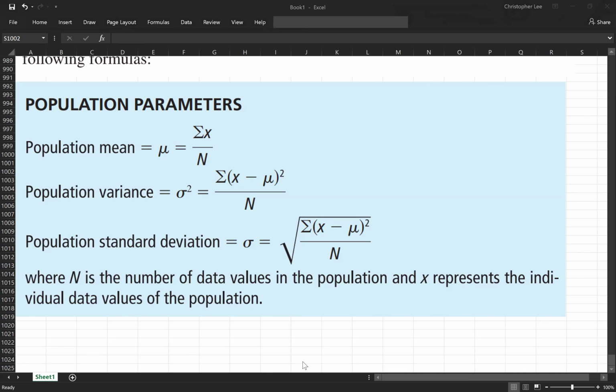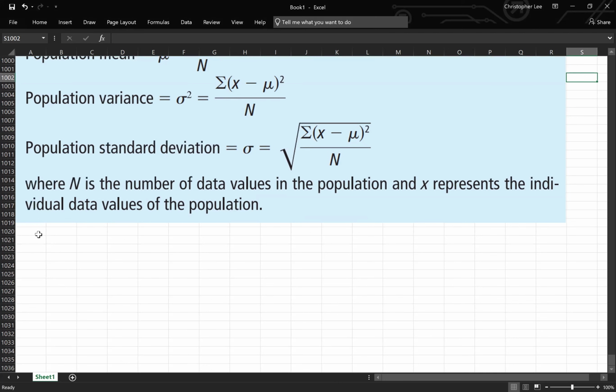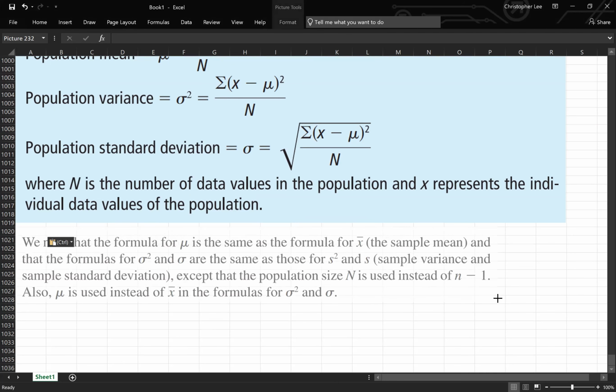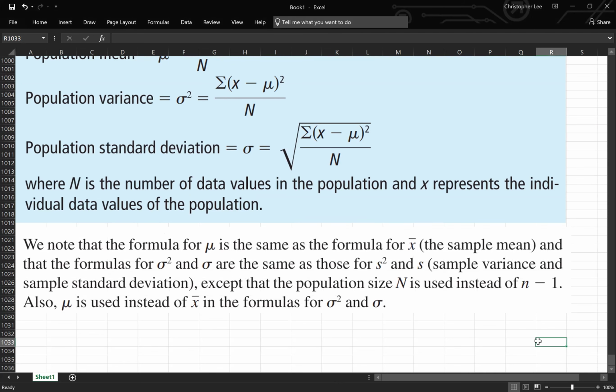All right. Let's make a couple more comments real quick. We know that the formula for mu is the same as the formula for x bar, the sample mean, and that the formulas for sigma squared and sigma are the same as those for the sample variance and sample standard deviation, S squared and S, except that the population size capital N is used instead of n minus one.